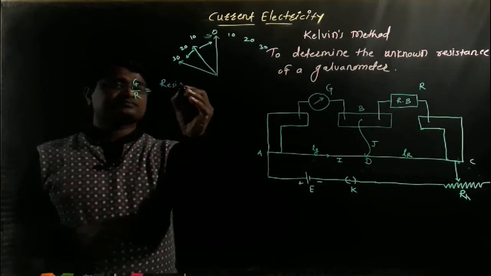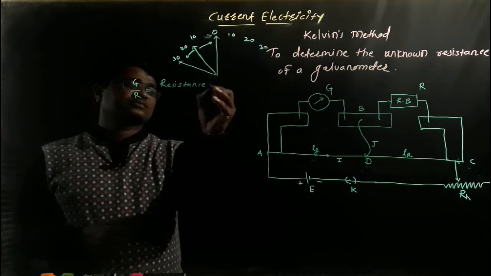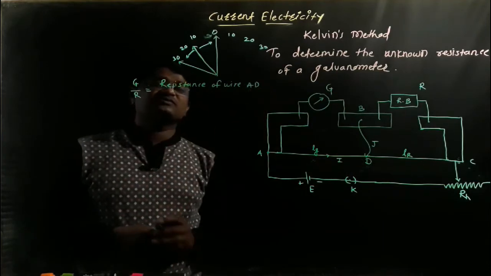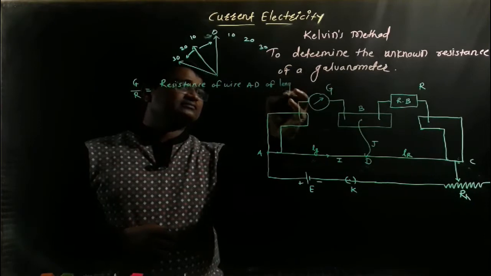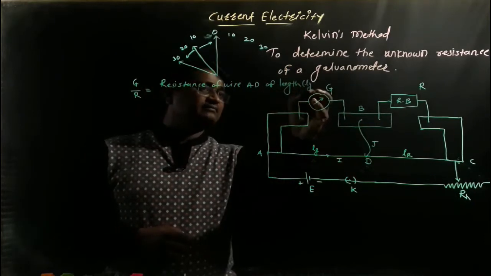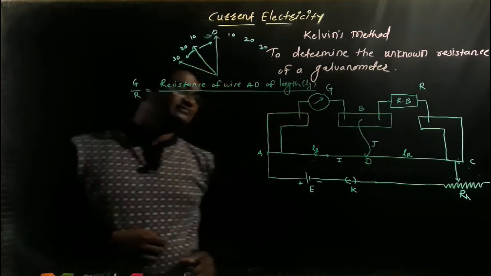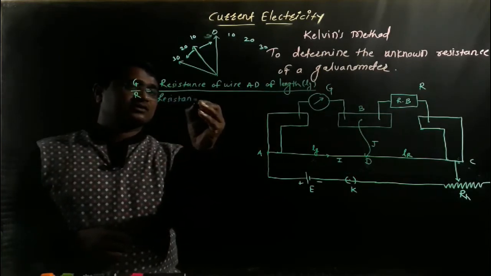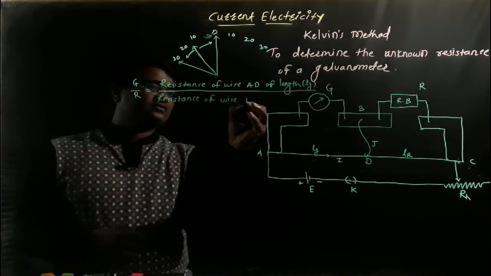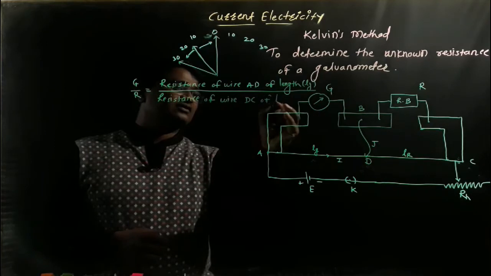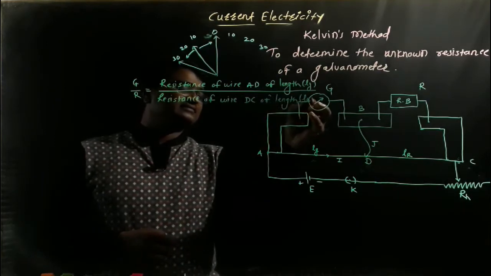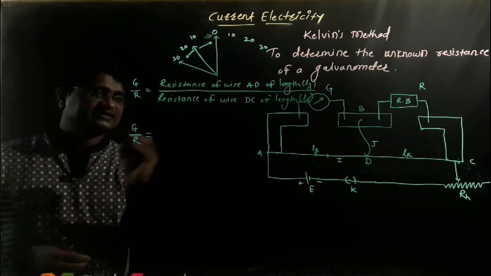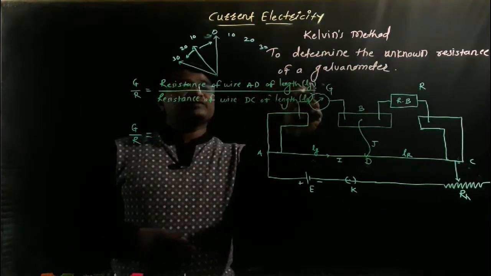The resistance of wire AD of length LG, divided by the resistance of the remaining wire DC of length LR.